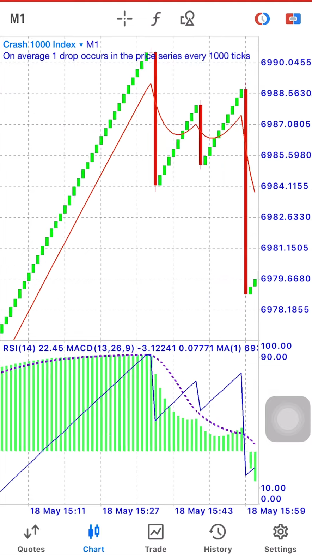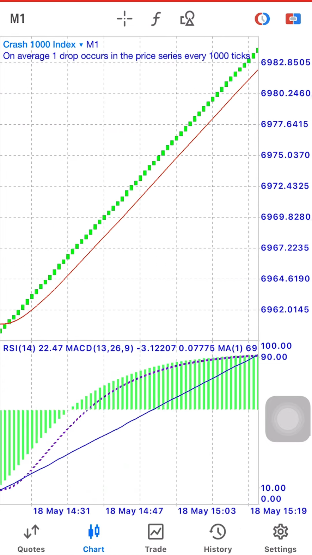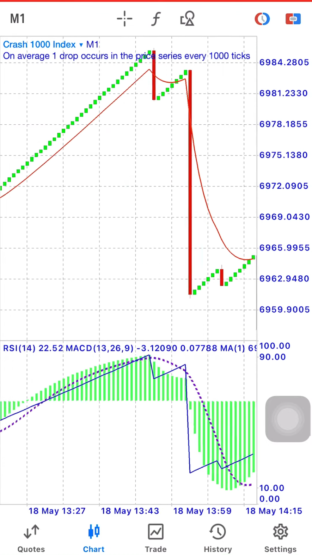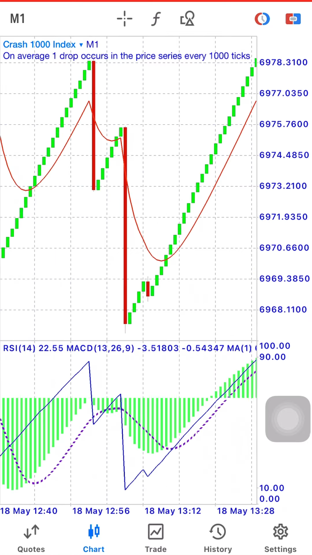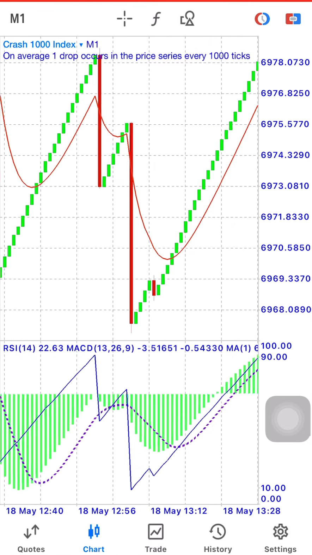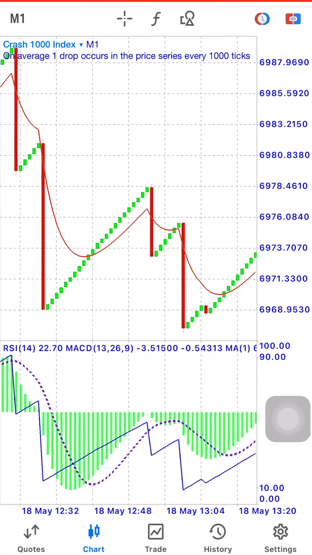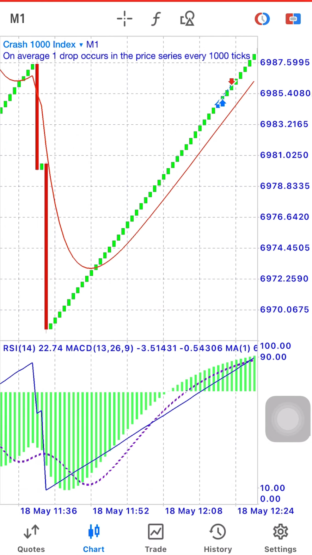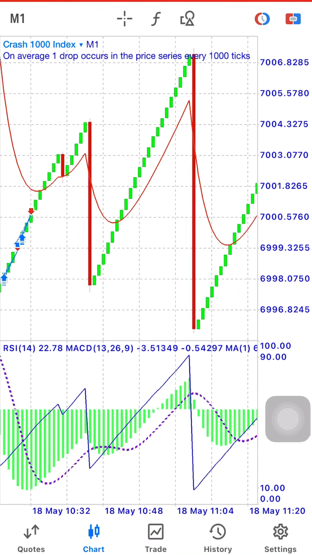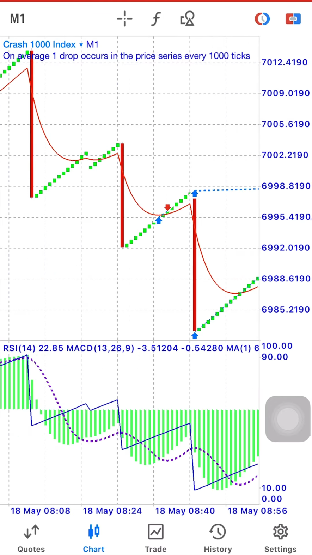So now let me show you what a breakout is. Okay, so let's say a market has been going to a particular place and has been pulling back continuously.